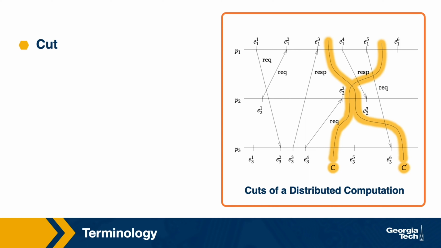Now, let's take a look at these other cuts, C prime. This cut C prime corresponds to a state that says that process 3 has received this message over here at E36. We know that this message came on a channel from process P1. Now, if we take the cut forward and take a look at the state of P1 that's represented in that cut, we see that this state precedes these other events.